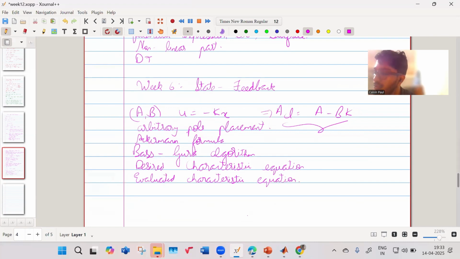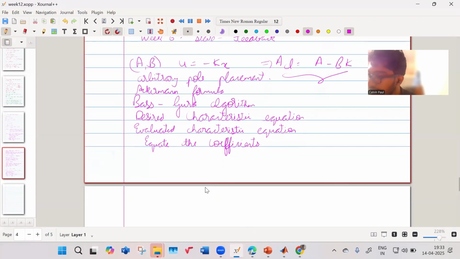And then what do you do? You do a comparison of the coefficients, or you equate the coefficients. So this is week 6.